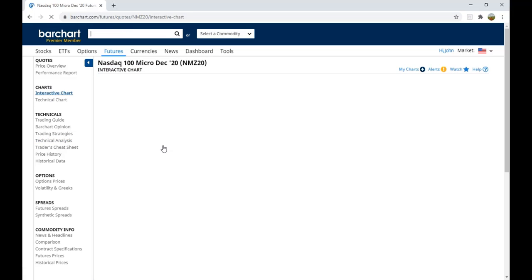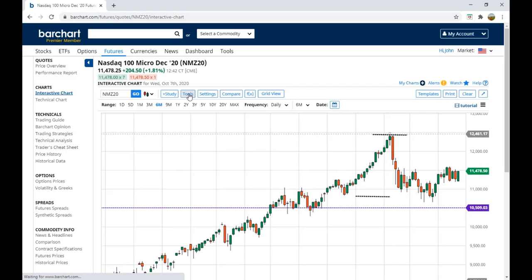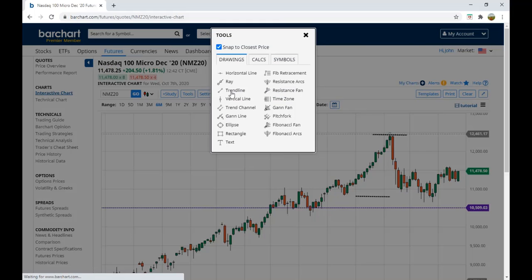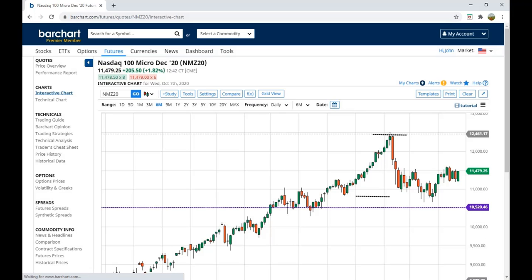Again, I could draw that ray, that little ruler, where I'm going to do 2 times, this is a swing trade, 2 times 320, 640. So let's do that. We'll start at 9,000. That's a nice little reference point. And I'll go up to 9,640.